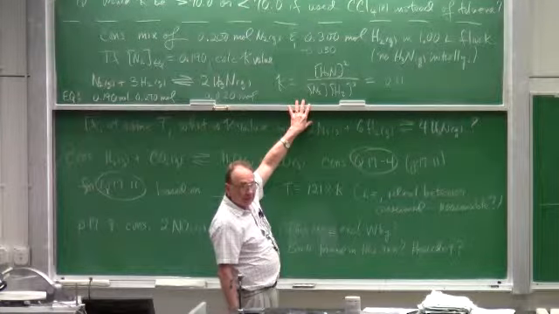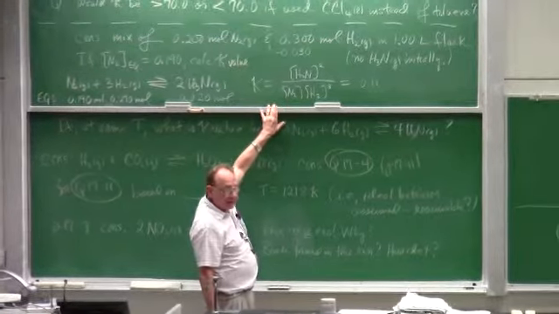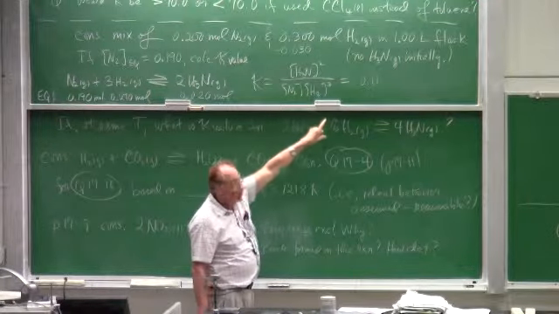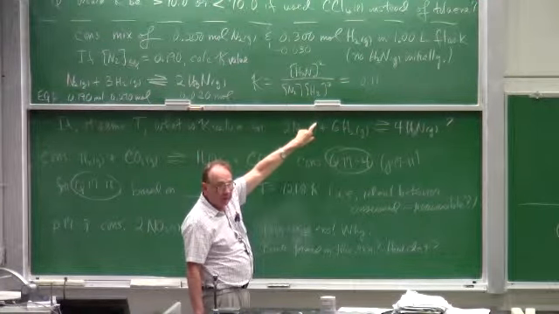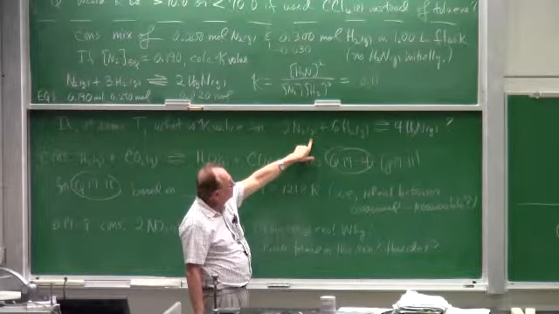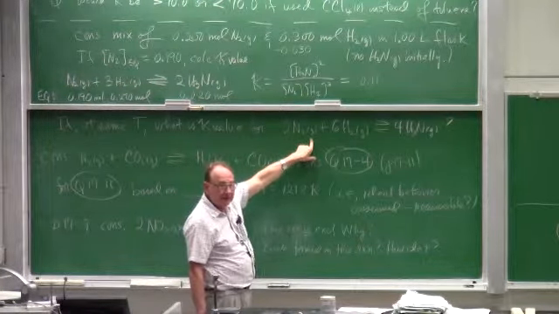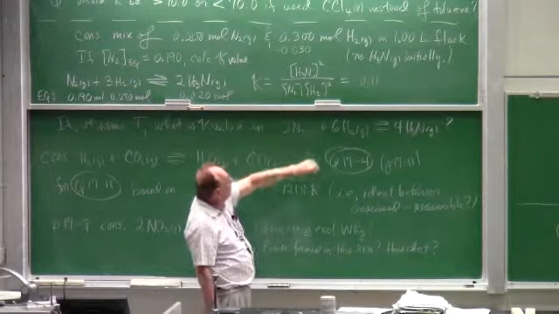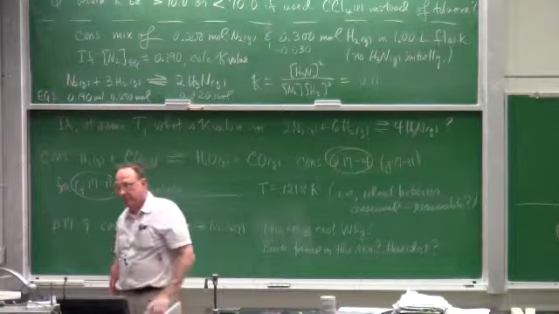If the K expression for this system, expressed in this fashion, gives a K value of 0.11. If I consider this equilibrium system, what will the K value be? Will it be the same? Will it be larger, or will it be smaller than 0.11?